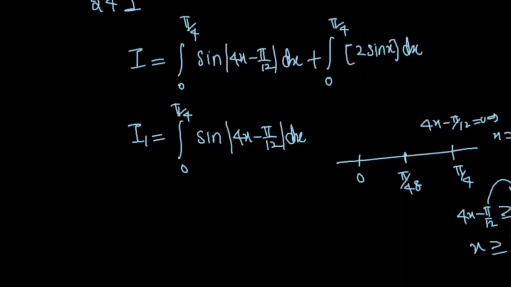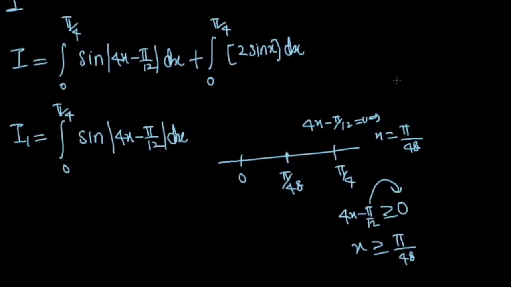So here the function value is 0 to pi by 4, and pi by 48 is the break point. If we substitute pi by 48 in the place of x, 4 times pi by 48 minus pi by 12 is negative, so it opens with negative. Modulus of negative opens with the negative of the brackets, modulus of positive opens with the positive of the brackets.